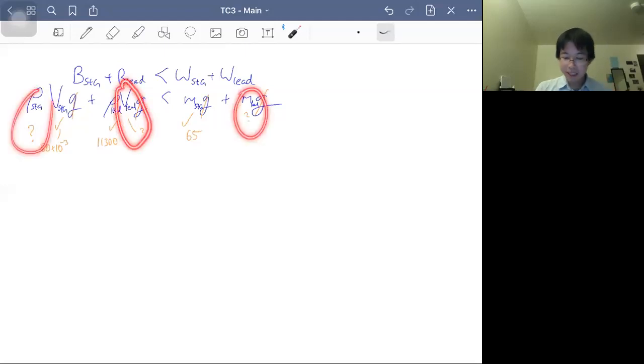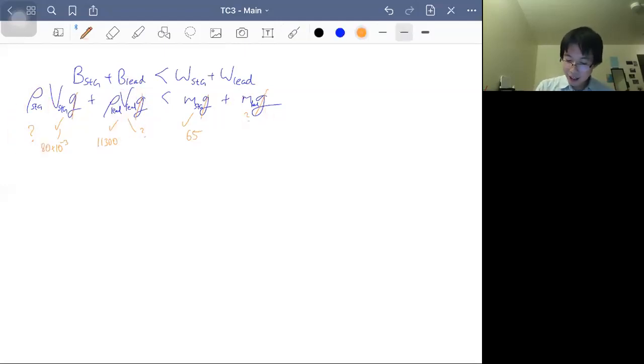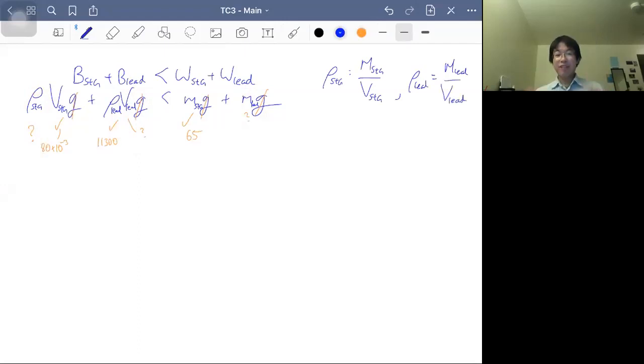So probably what comes to mind, on the side you can add, is I know the density of S plus G is the mass of S plus G over the volume of S plus G. Okay. And the density of lead is the mass of lead over the volume of lead. And hopefully, after solving so many problems, you'll see the benefit of actually writing out labels.